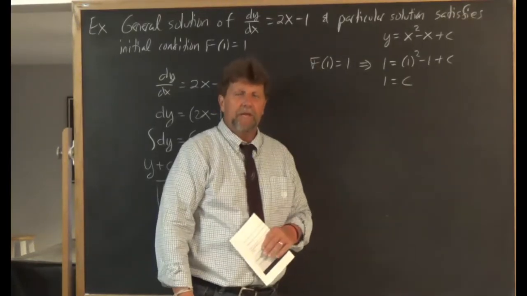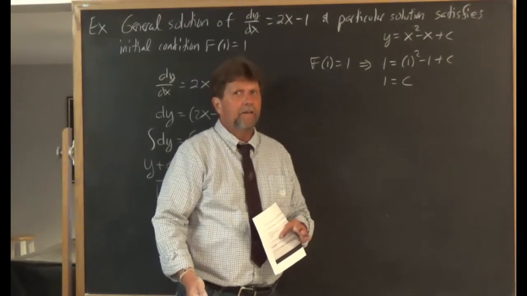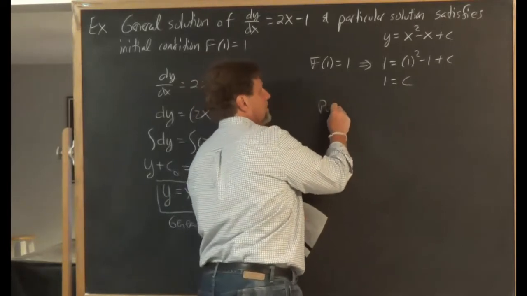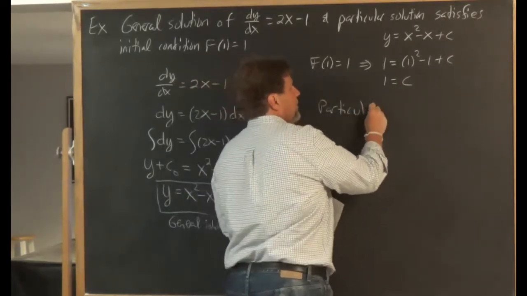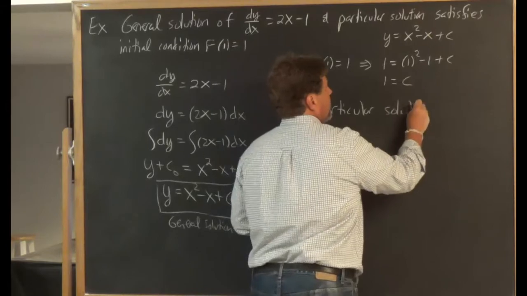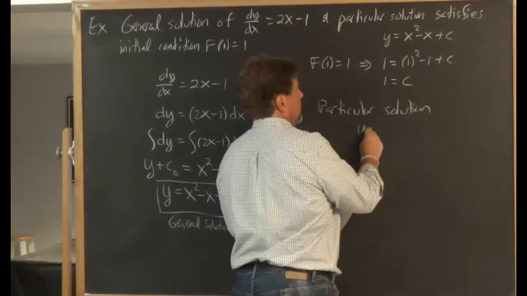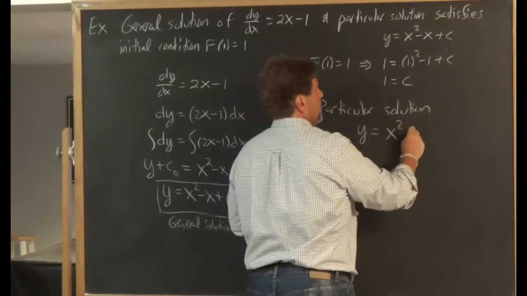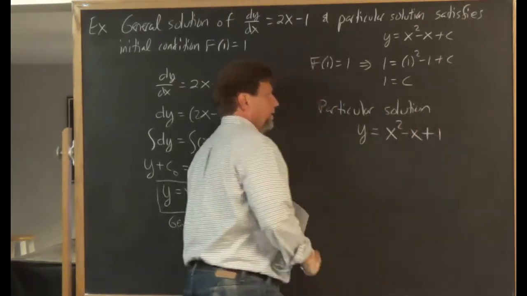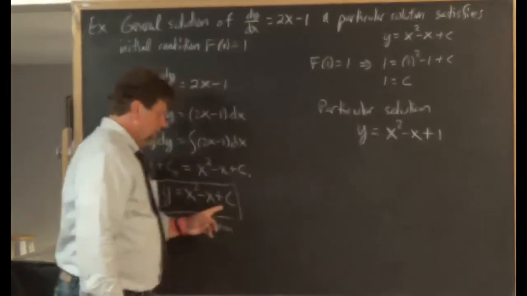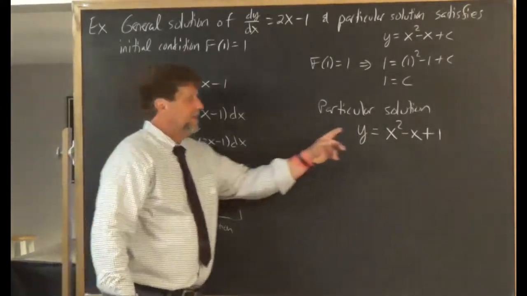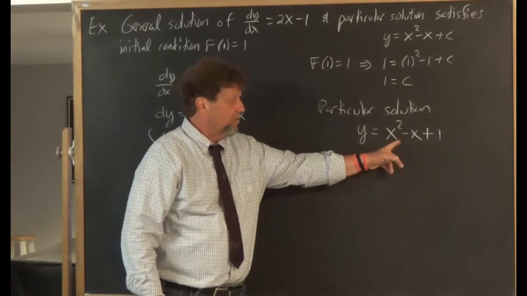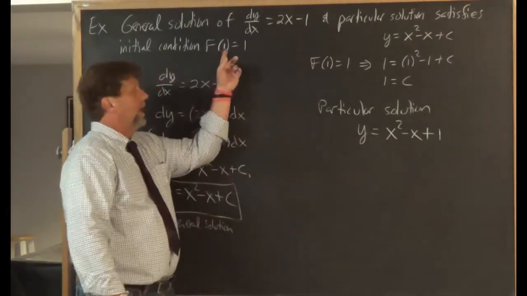We ended up with c being 1. Purely coincidental, we have all these 1s involved here. But now that we know the value of c, we have the particular solution. We take this value of c and toss it into the general solution. So from this family of functions, this is the particular one that happens to pass through the point (1, 1).